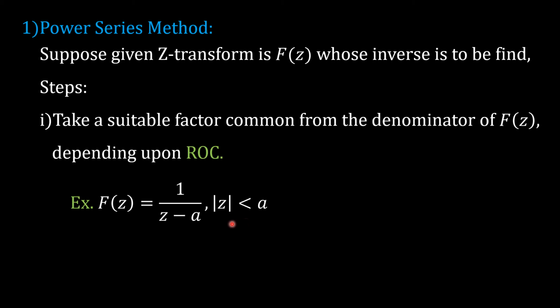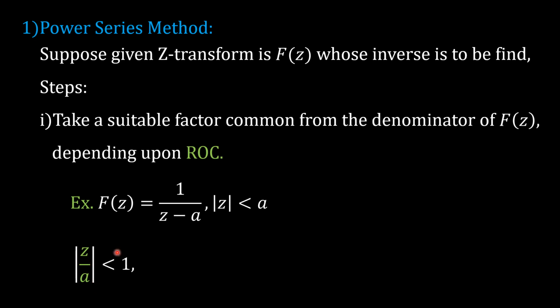To do that, we need to divide by a on both sides, and therefore our region of convergence now becomes mod of z upon a strictly less than 1.